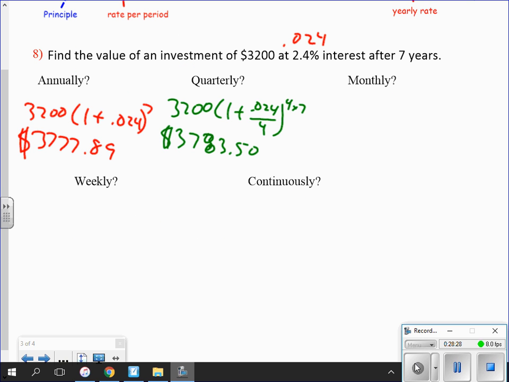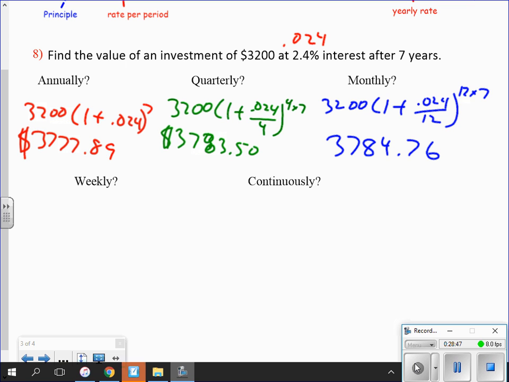So monthly, 3,200 times (1 plus 0.024 over 12) to the 12 times 7 power, and you end up getting $3,784.76, an extra $1.25.